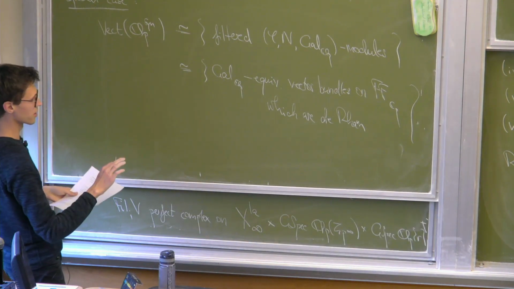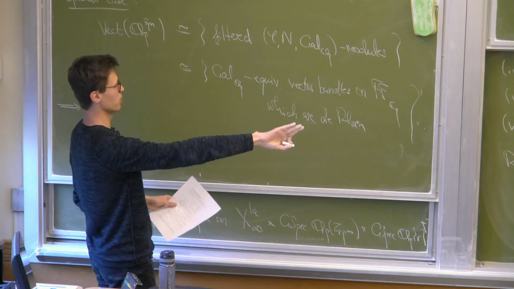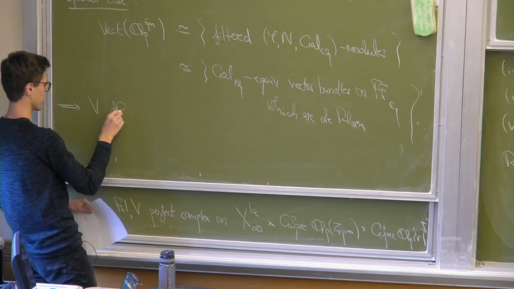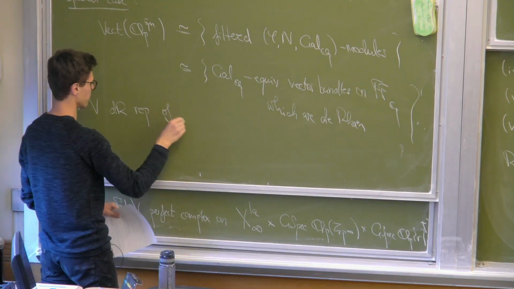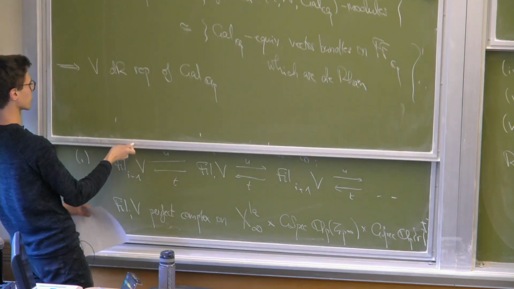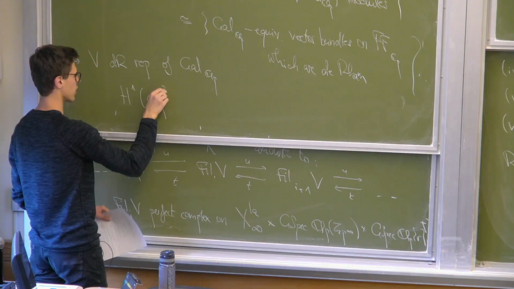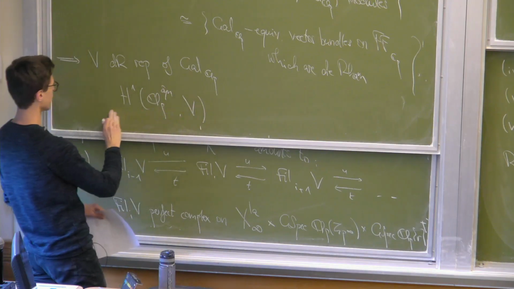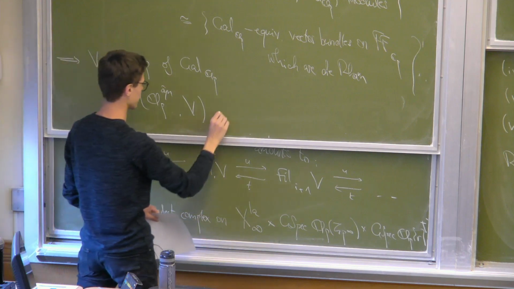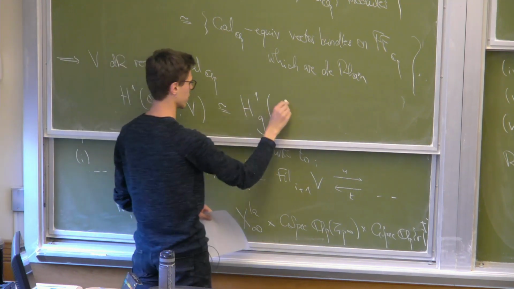Maybe if we're already talking about de Rham representations, applying this pullback square to Qp tells you that if I have V, a de Rham representation of the Galois group of Qp, and I view this V as a vector bundle on Qp syn via this equivalence, then this H1 is precisely H1_g.